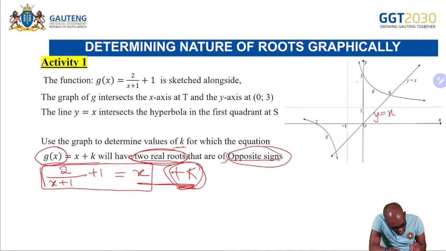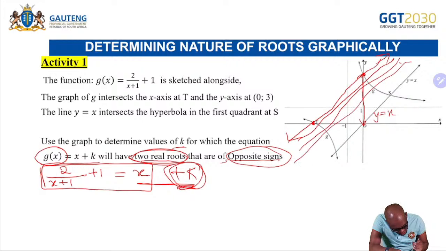Now, if you are to put the straight line, you move it, you start with it here. You can see that it is intersecting at 0 and at this point. But as you move it down like this, what do you see? It intersects the hyperbola on this arm.